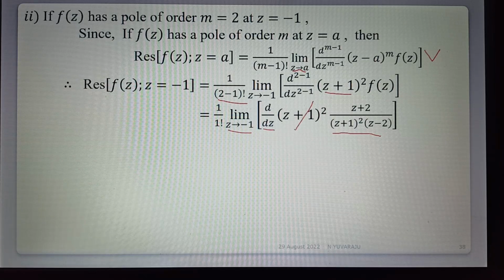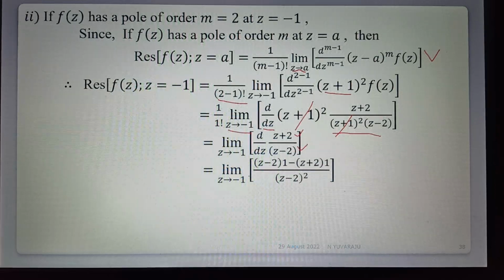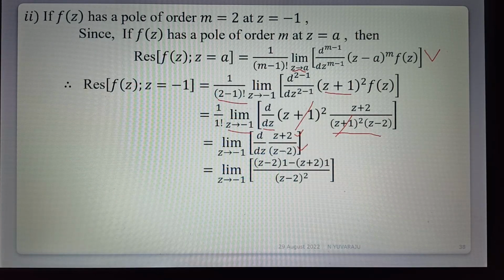Here z plus 1 whole square cancels. Remaining is limit z tends to minus 1 of d by dz of z plus 2 by z minus 2. Now it is differentiation, so we use the u by v method. This is u, this is v. Limit z tends to minus 1 of v into derivative of u, which is z minus 2 into 1, minus u into derivative of v, which is z plus 2 into 1, by v square, z minus 2 whole square.